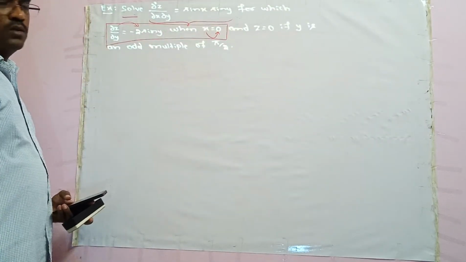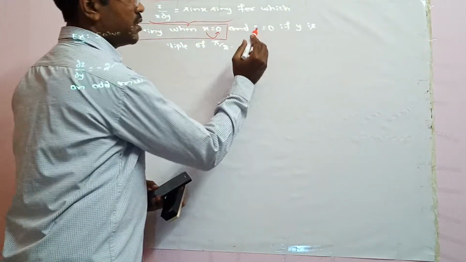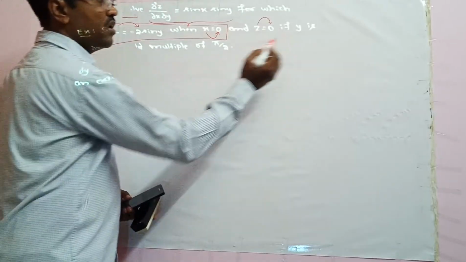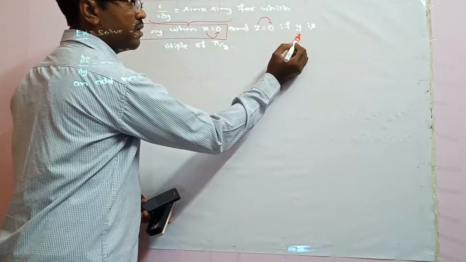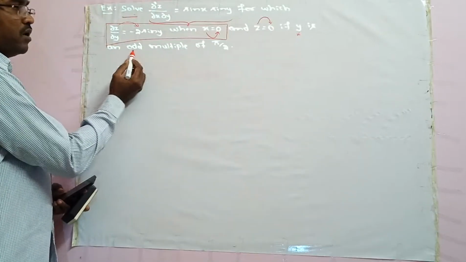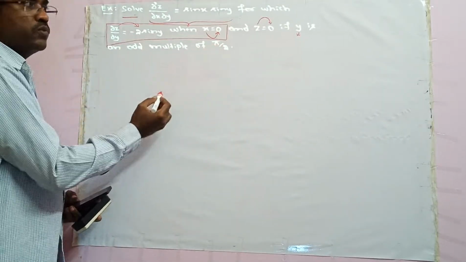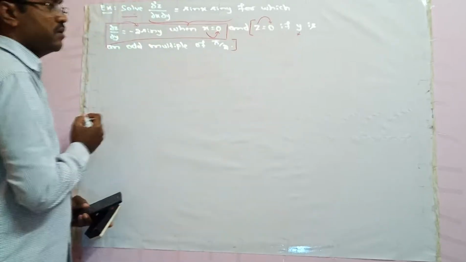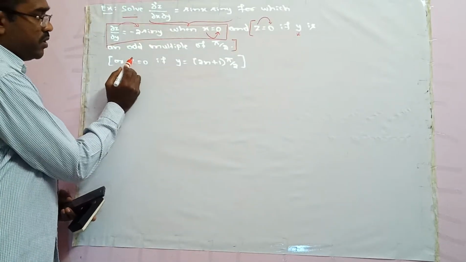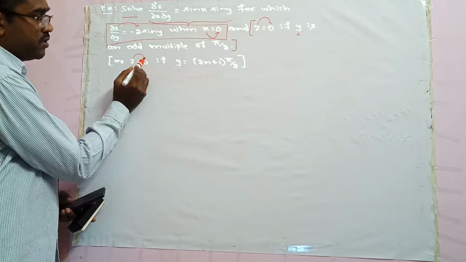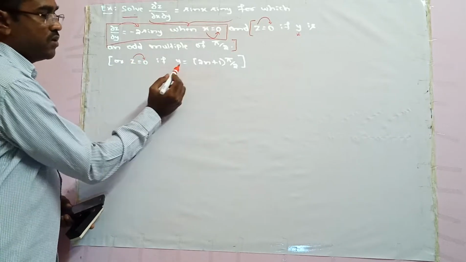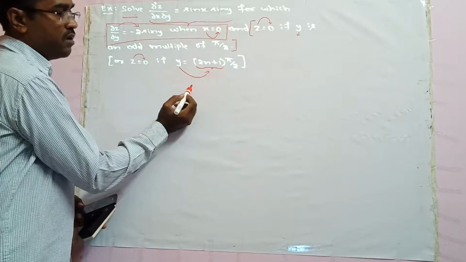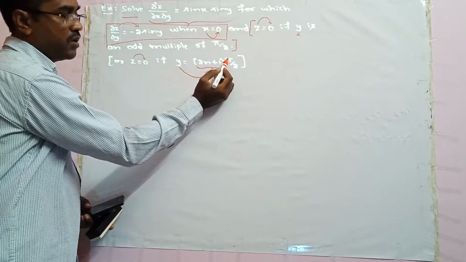One more condition they have given is that the value of z becomes 0 if y is an odd multiple of pi by 2. What do we mean by this condition? Let us rewrite this here. This means the value of z is 0 if y is an odd multiple of pi by 2.